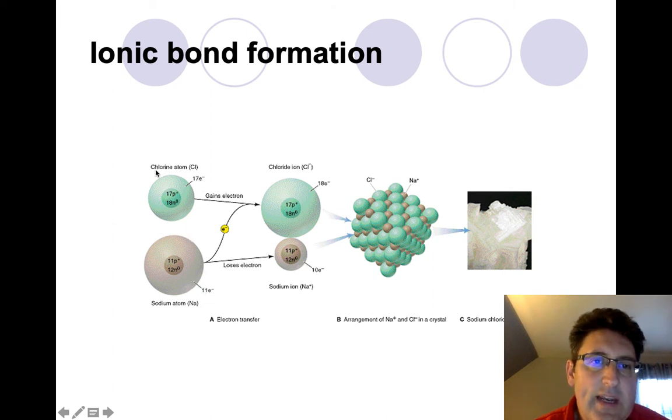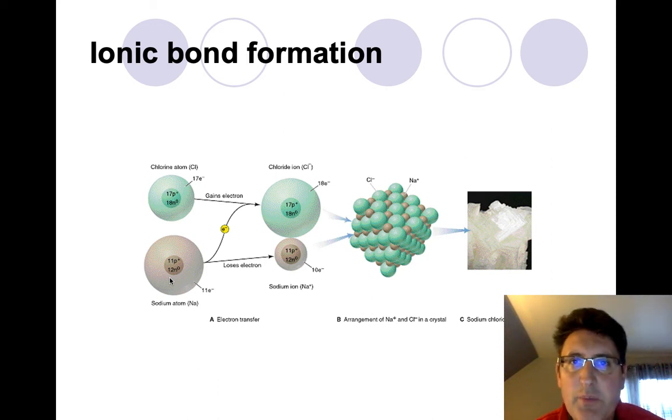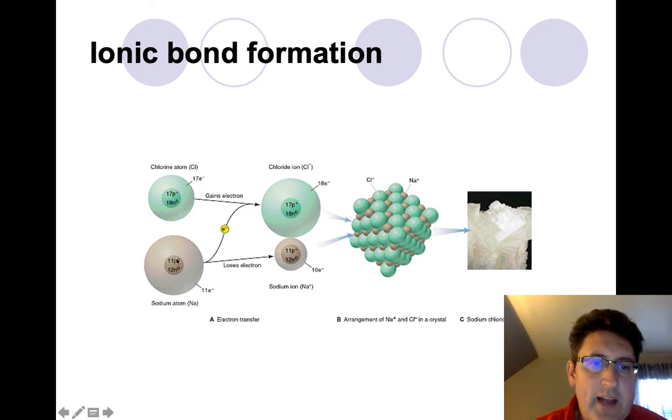Here's the chlorine atom, 17 protons, 17 electrons. Notice the size. These are in the same period. As you go across, atoms tend to get smaller, and you can see the chlorine atom is smaller than the sodium atom because increased positive nuclear charge pulls those electrons in tighter.